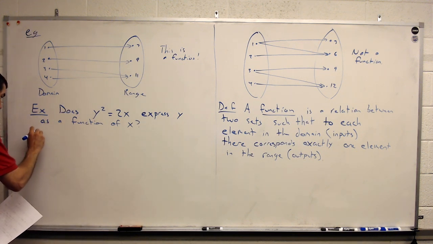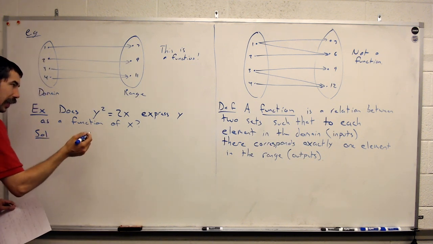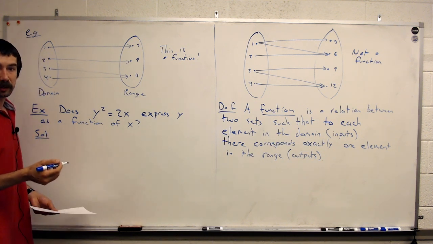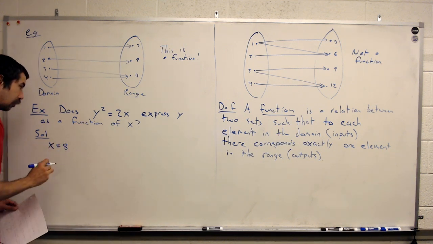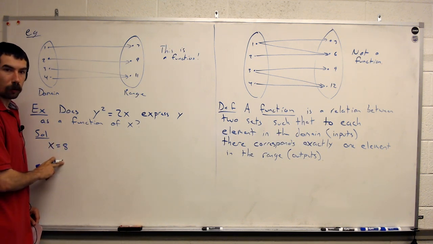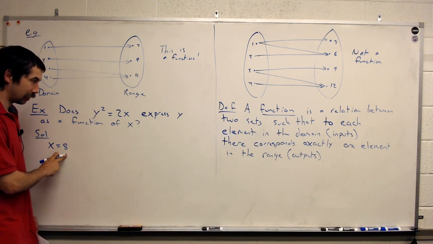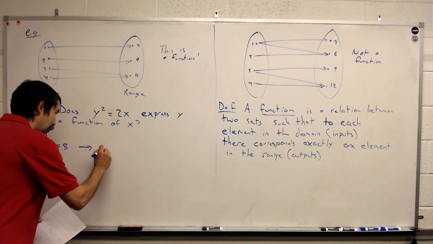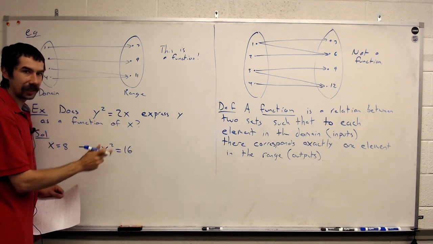All right, and so the answer is no, and let me show you why. All right, so if we take, for instance, x equals 8, we could find two y values that correspond to x equals 8, right? Because that would imply that y squared equals 16, 2 times 8.